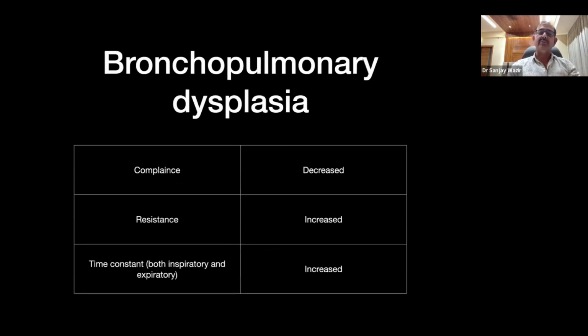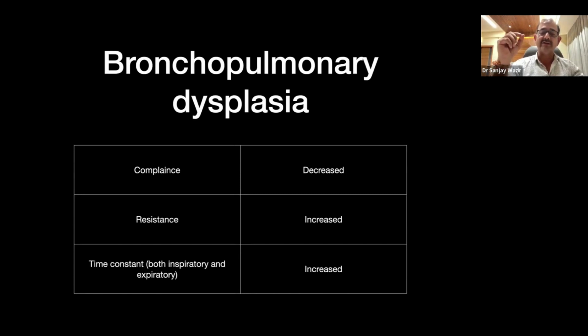Now, when you talk about bronchopulmonary dysplasia, in these cases the compliance could vary. Sometimes, like in very mild BPD, the compliance could be quite good, or it is a fibrotic state already, and then the compliance is very small, decreased.